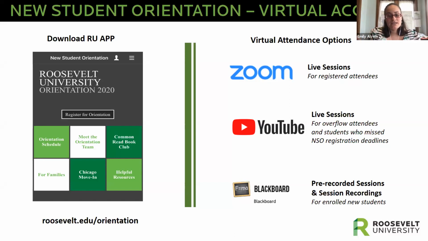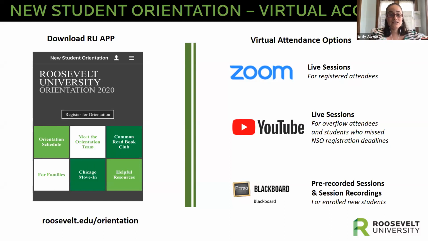And then virtual attendance: all of the sessions will be Zoom webinars or Zoom meetings. Those sessions are only intended for registered attendees, fully enrolled incoming students, because we do have some attendance caps on those platforms. However, we know that we will get students coming and getting registered up until the day of orientation.